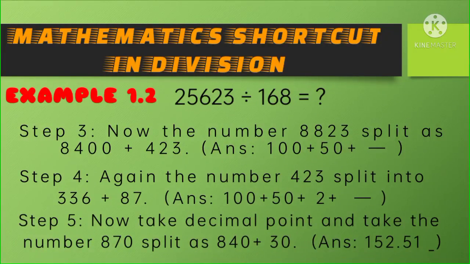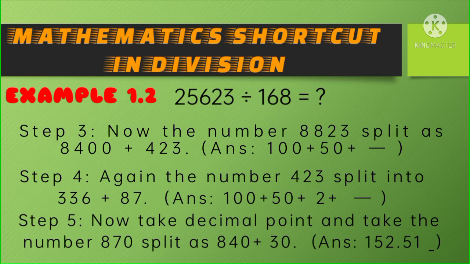Step 3. Now the number 8,823 is split as 8,400 plus 423. So 8,400 divided by 168 is equal to 50. Step 4. Again, the number 423 is split into 336 plus 87. So 336 divided by 168 is 2. Now, step 5.